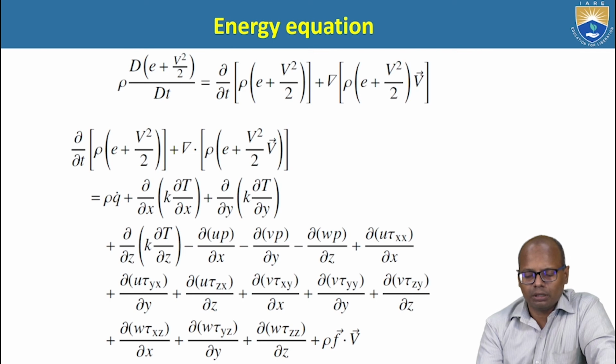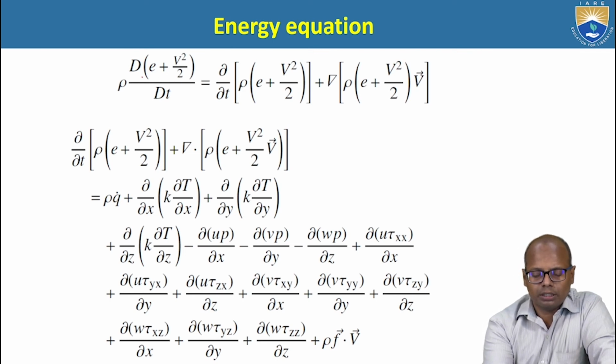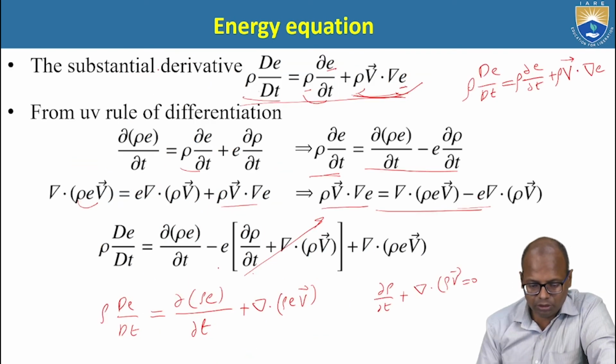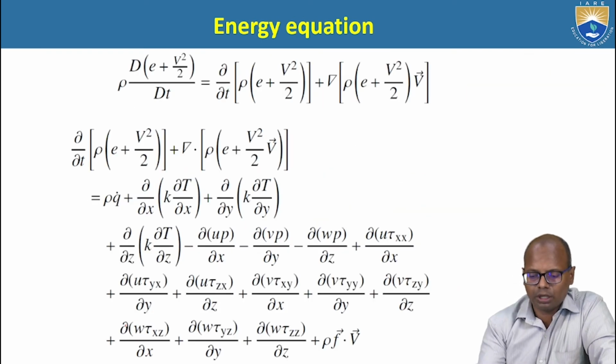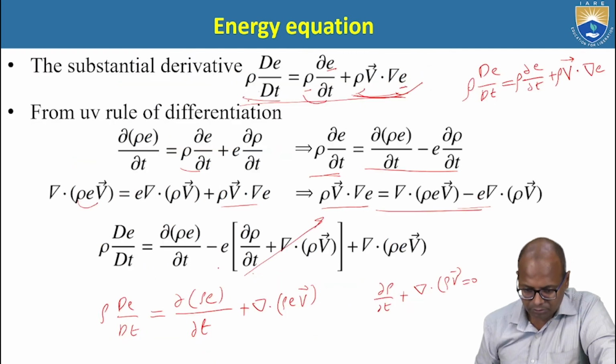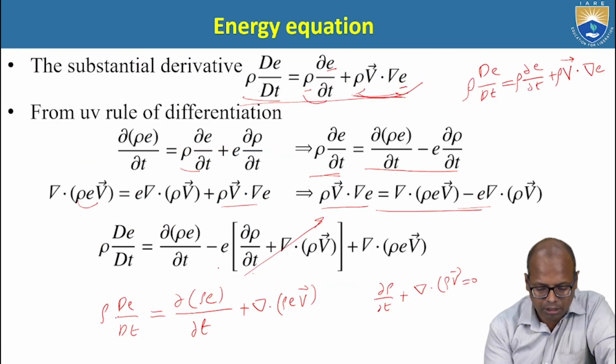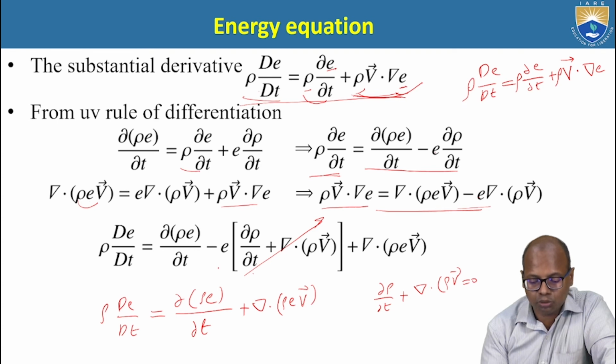So here, for E we have found out what we have for dou E by dou T, how to split that. You can see here clearly what we got: rho into dou E by dou T is equal to dou by dou T of rho E plus del dot rho E V bar.